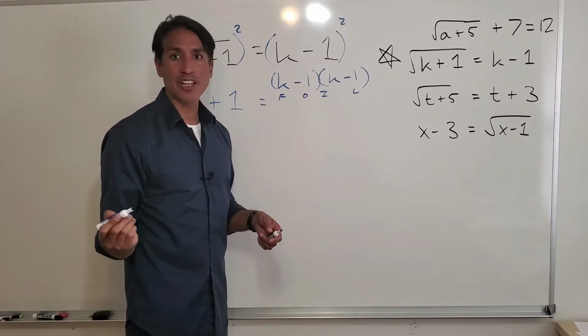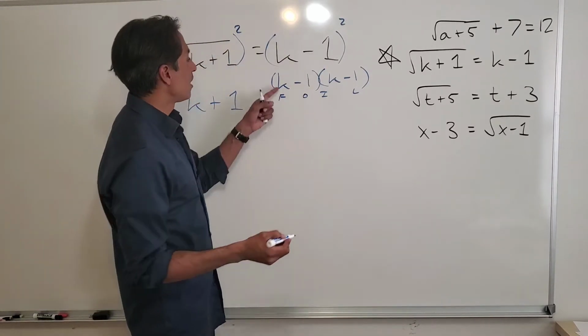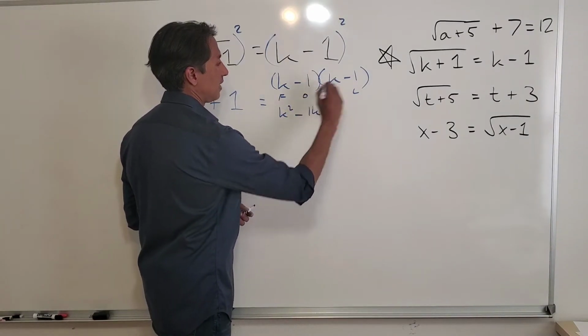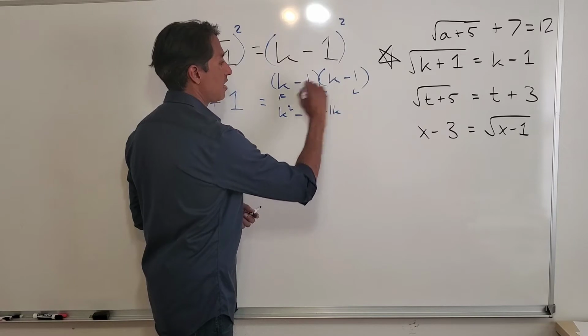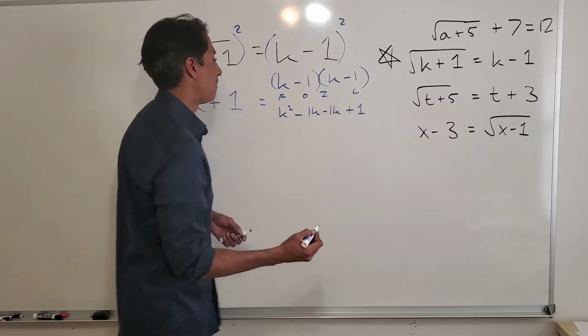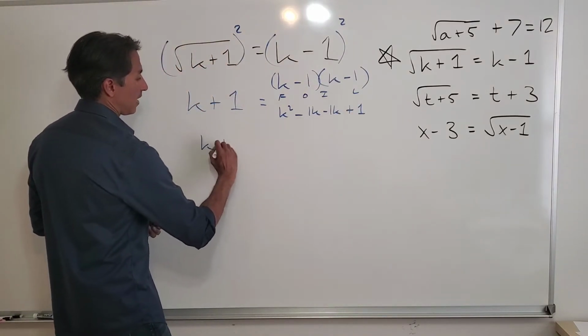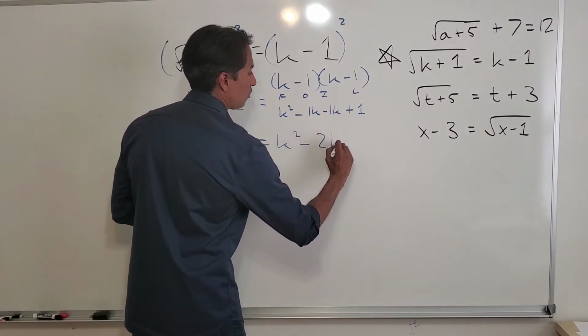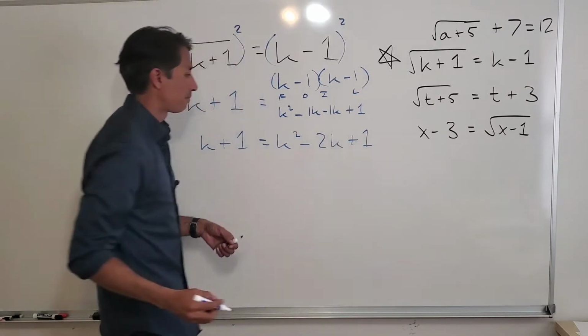But some of you guys are just going to fly through this and do it in your head. First is k squared, outside is going to be minus 1k, inside is going to be minus 1k, last is going to be plus 1. I got k plus 1 equals k squared minus 2k plus 1.